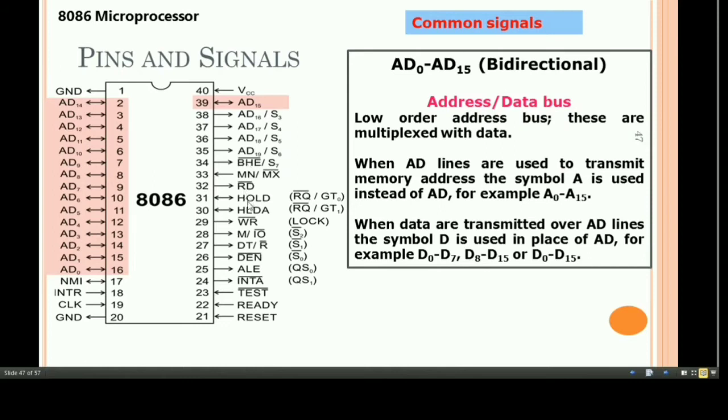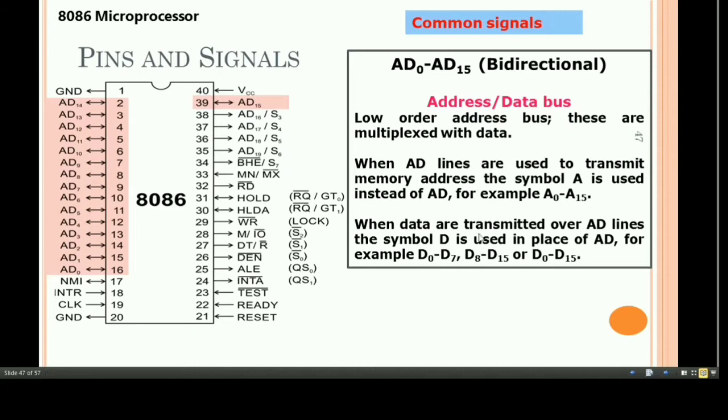Okay, and due to this, the number of pins required in 8086 will be more. To avoid this, means to reduce the total required number of pins for 8086, the address and data bus is combined together, that means it is multiplexed together.